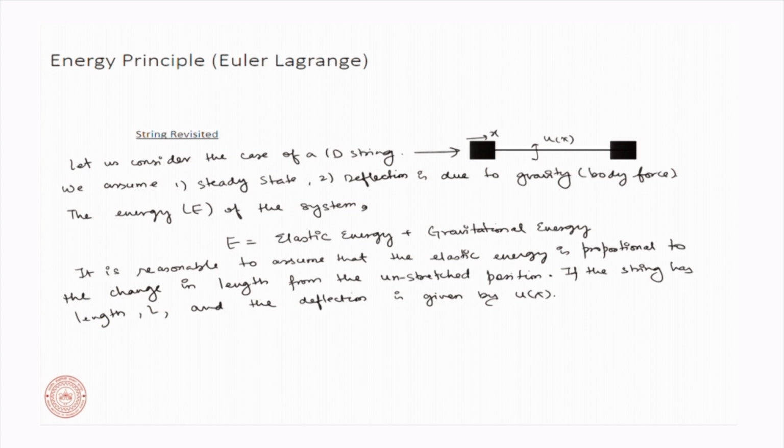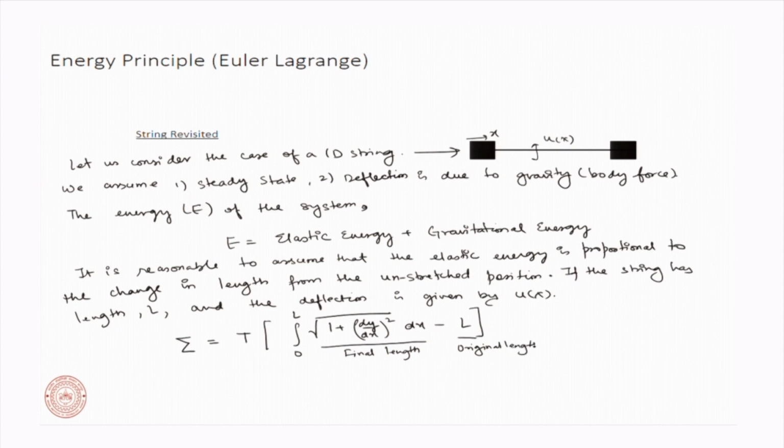In that case we can say that the elastic energy, let us give it by sigma, is equal to the tension on the string multiplied by the change in length. So, from 0 to L, square root of 1 plus dy by dx whole square dx, minus L, right. So, this is the final length, this is the original length. Okay. So, the net energy that is stored is the tension on the string, this is the string tension.